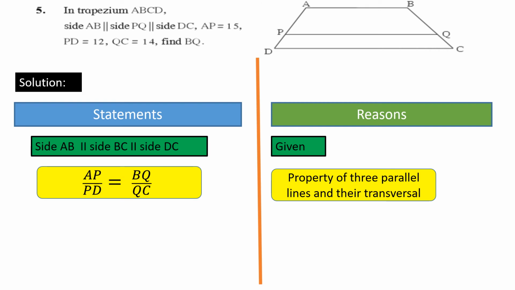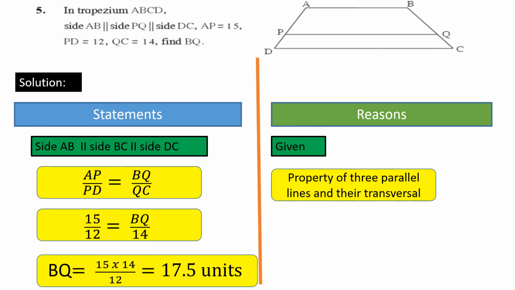We'll substitute the values which are known to us. We know AP is 15, PD is 12, BQ we have to find, QC is 14. We'll solve this. We'll get the length of BQ as 17.5, and that is what we need to find.